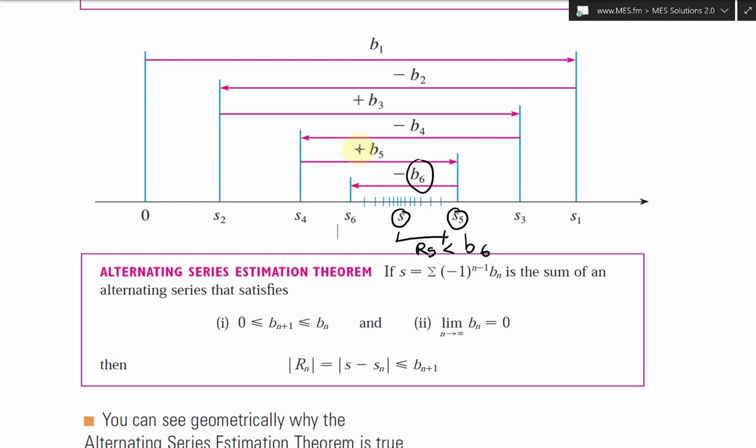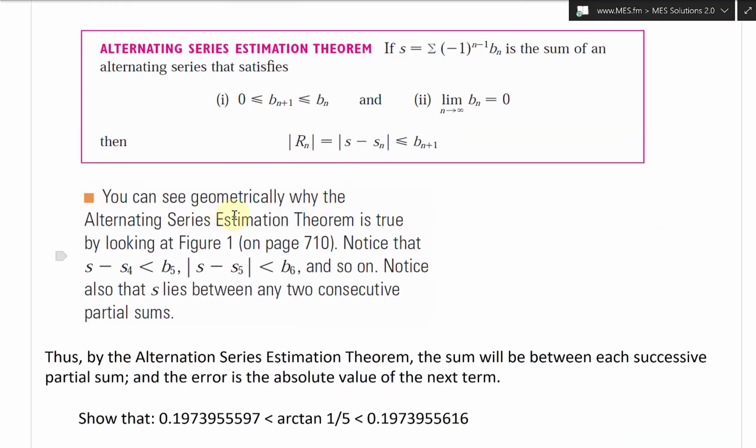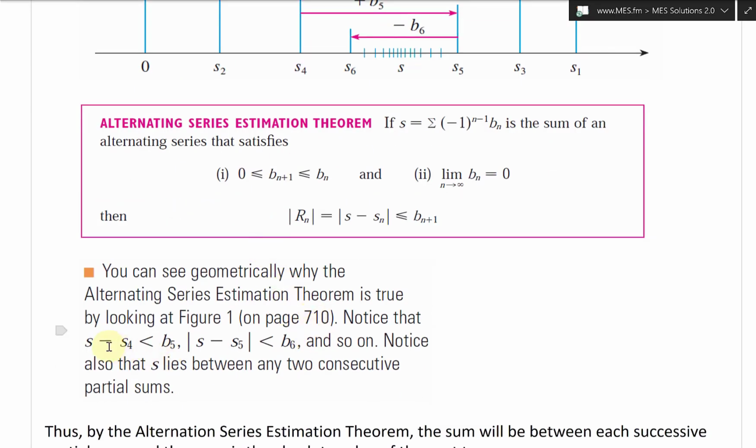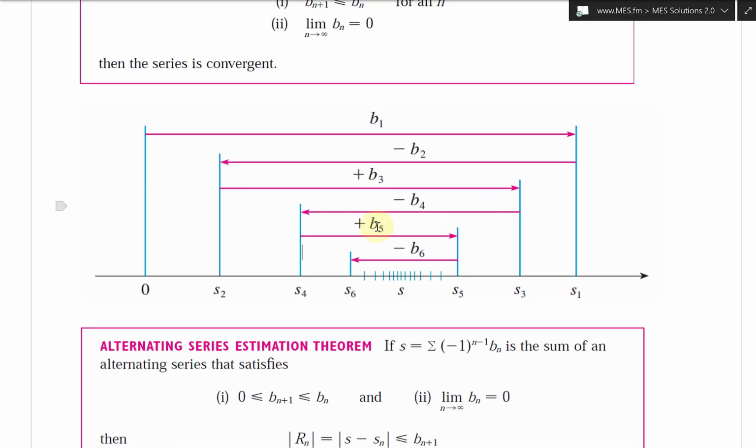This happens each time. Even for S3, the difference between S and S3 is less than b4, which crosses S. Fascinating stuff, and that is what this note says. You can see geometrically why the alternating series theorem is true by looking at the figure. Notice that S minus S4 is less than b5, and the absolute value of S minus S5 is less than b6.